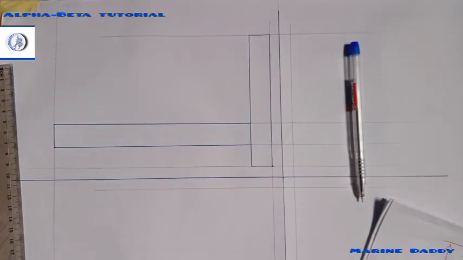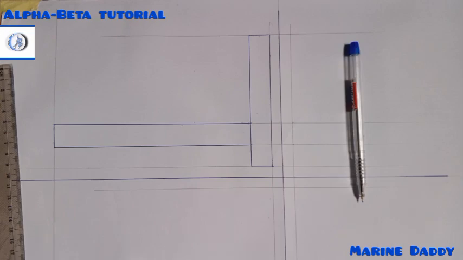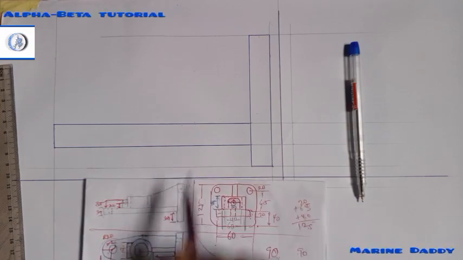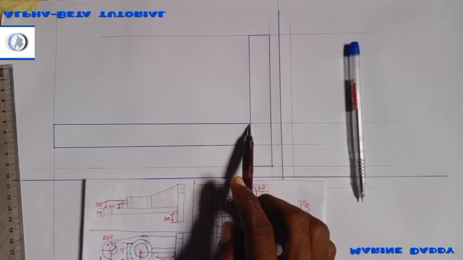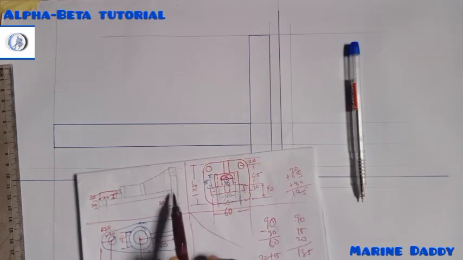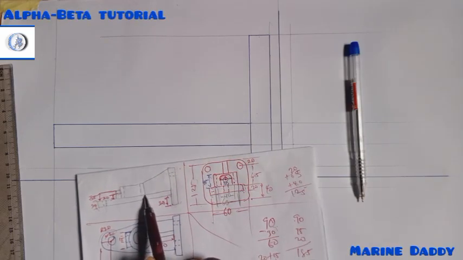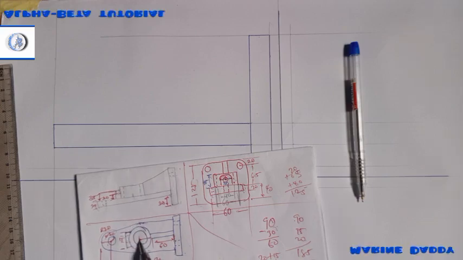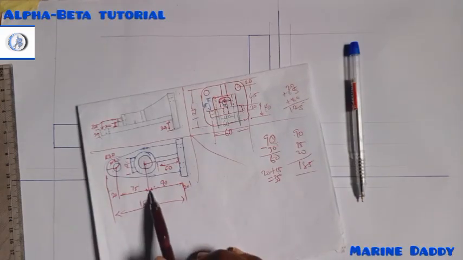So the next thing I'll do is to measure. Now from this place to this place, we don't know it. We'll actually know from here to the center of this place, because from this view they gave us to be 90.